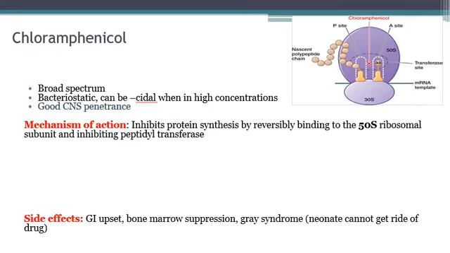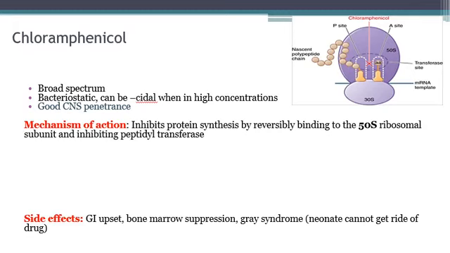Chloramphenicol is an interesting drug. From a chemical standpoint, it's very close to cancer chemotherapy. It's a really potent drug. This is a broad spectrum antibiotic that is usually bacteriostatic, but when you increase the dose appropriately, you can produce a bactericidal outcome. Chloramphenicol has excellent CNS penetrance, and so you can see it sometimes used with meningitis.